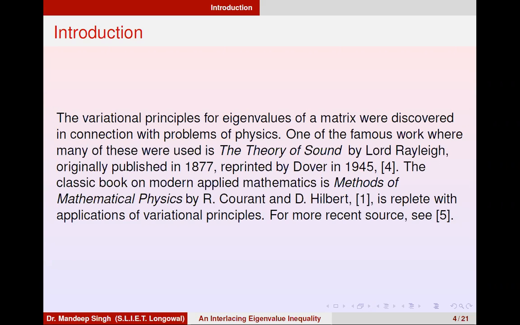One of the famous works is The Theory of Sound by Lord Rayleigh, originally published in 1877 but reprinted by Dover in 1945. The classic book on modern applied mathematics is Methods of Mathematical Physics by Courant and Hilbert. These are replete with applications of variational principles.